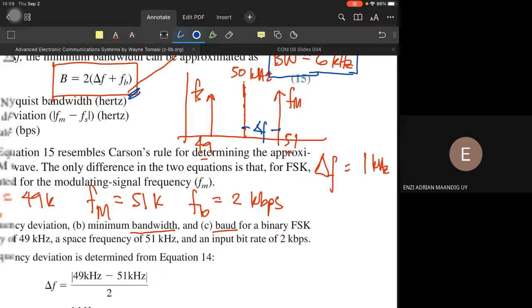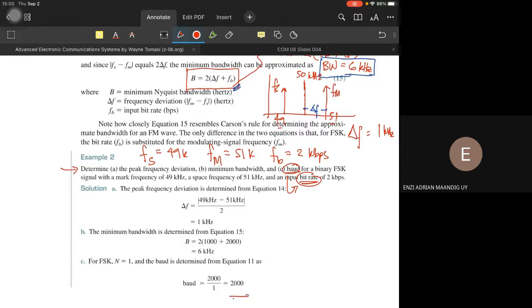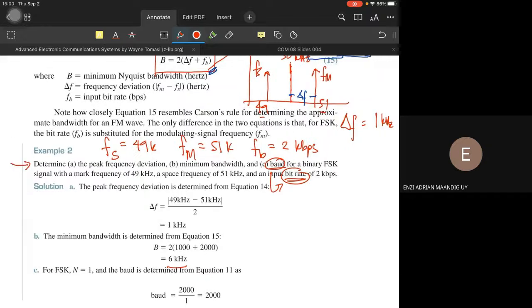But its baud rate is equal to the bit rate, 2 kbps, whereas the bandwidth is 6 kilohertz. So it exceeds it, right? Okay, that makes sense. I was just overthinking.